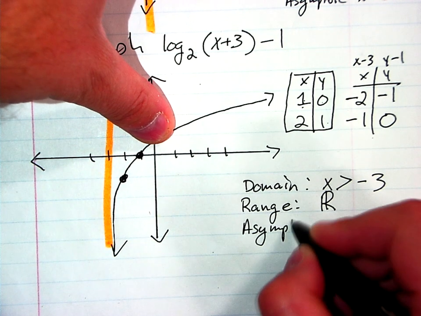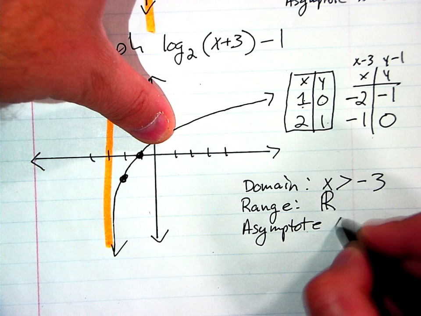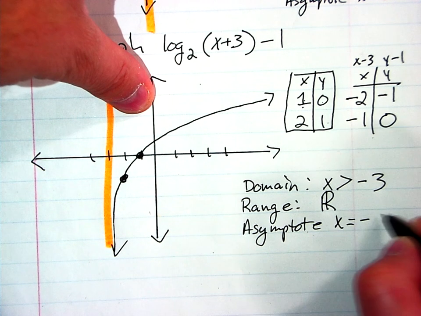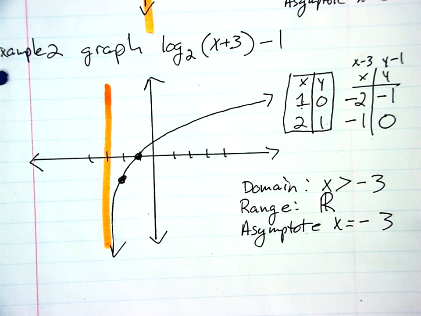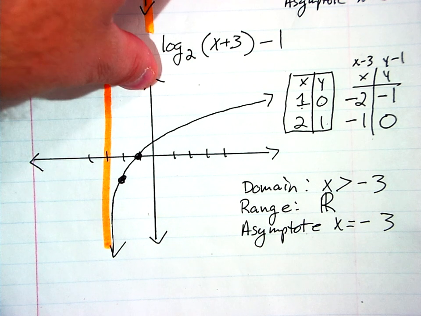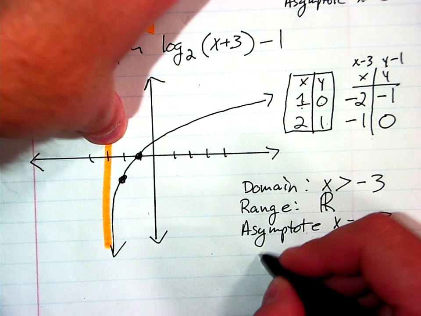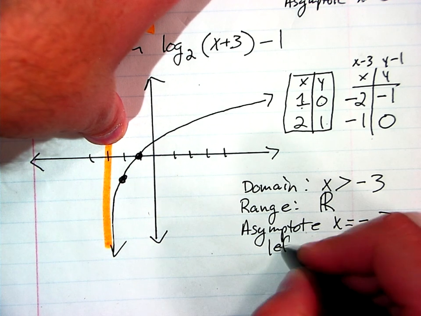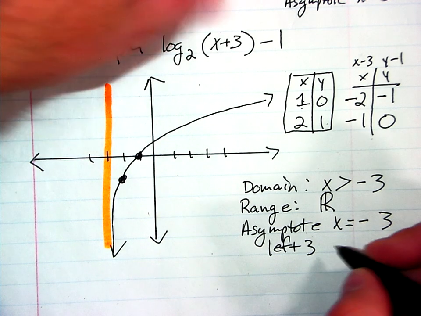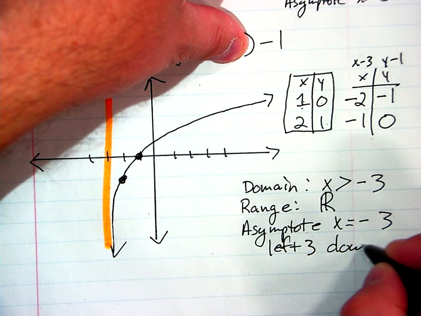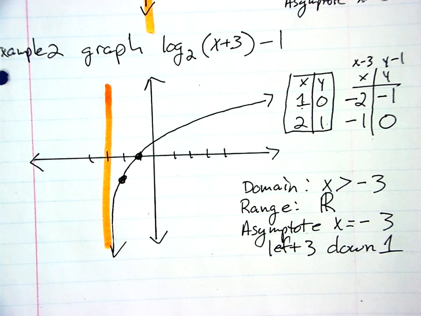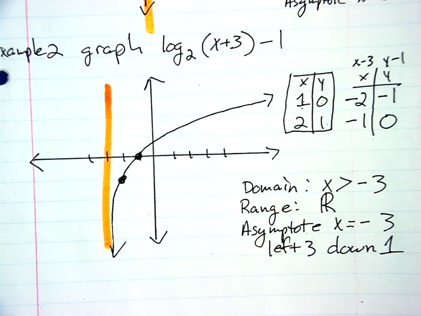Our asymptote is x equals negative 3 because it moved 3 places to the left. And how did our graph move? It went left 3 and down 1. That's exactly like your homework right there.